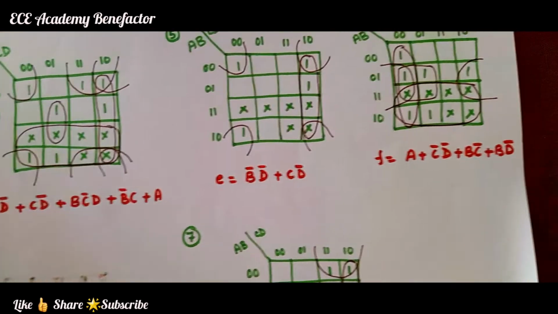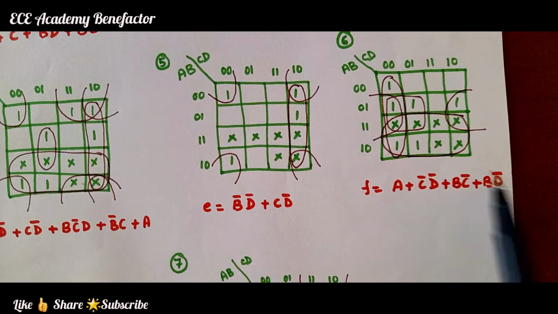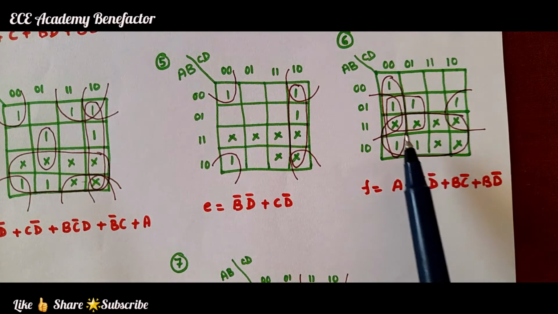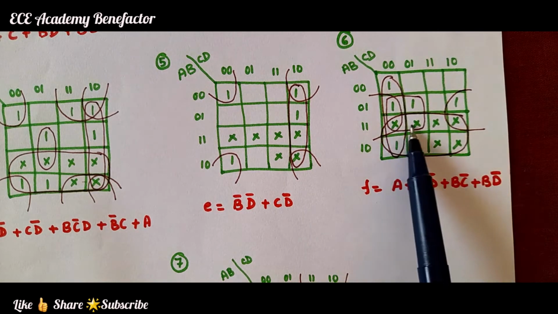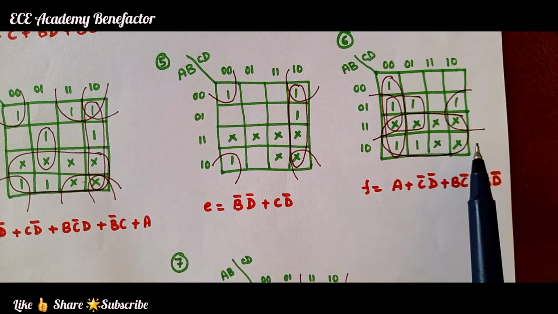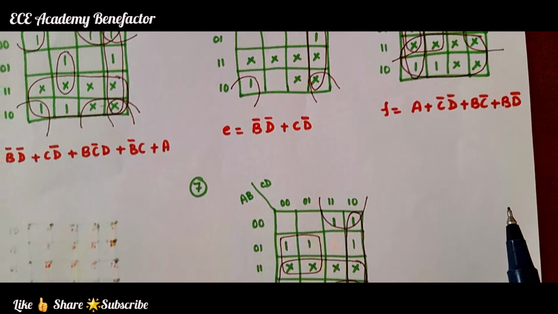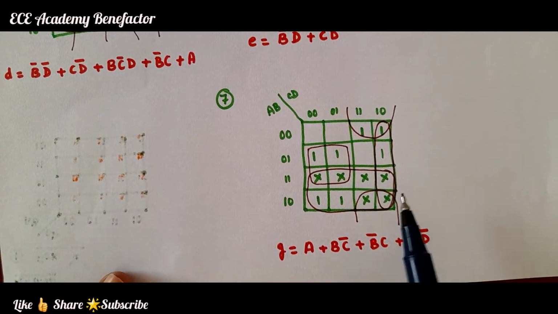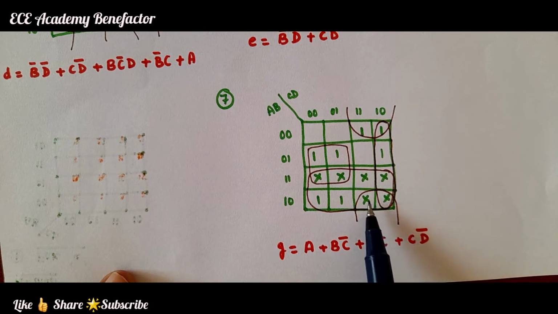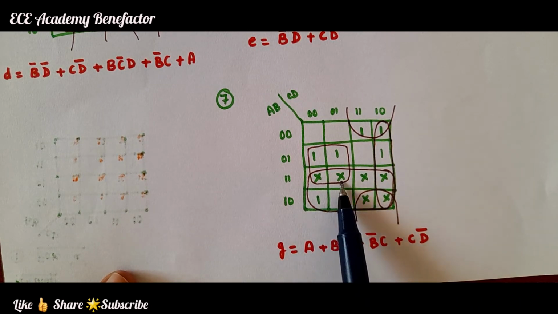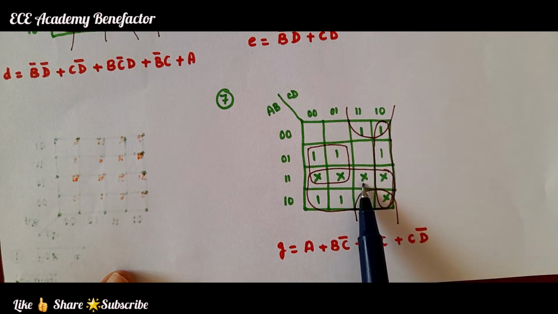Coming to F, the don't care terms are 10, 11, 12, 13, 14, 15. So, in these cell numbers we have filled X because they are don't care. Coming to G, again we see in cell number 10, 11, 12, 13, 14 and 15.